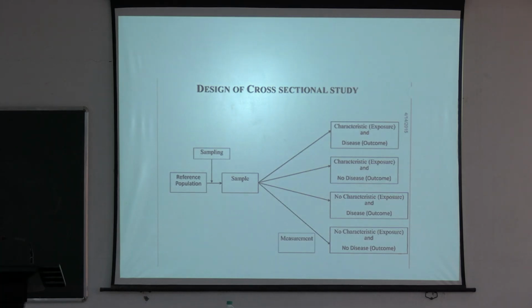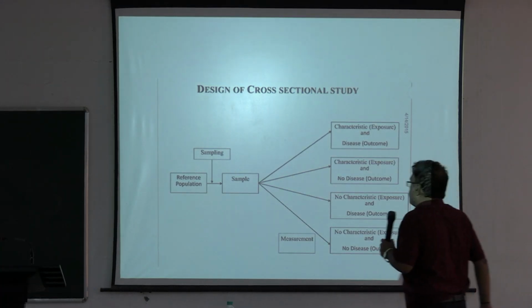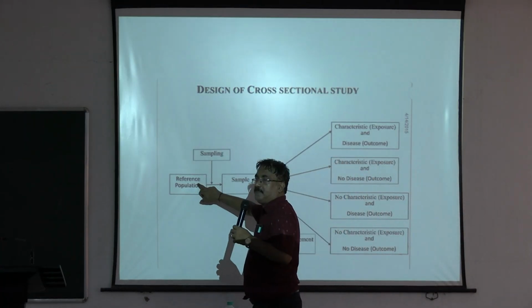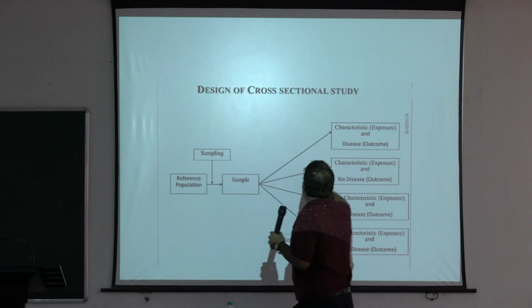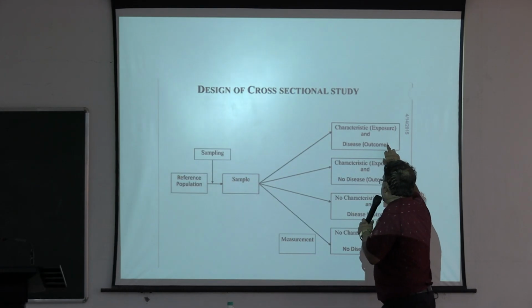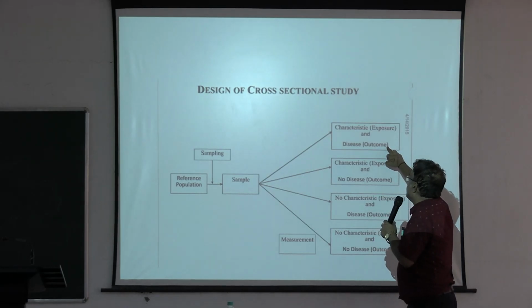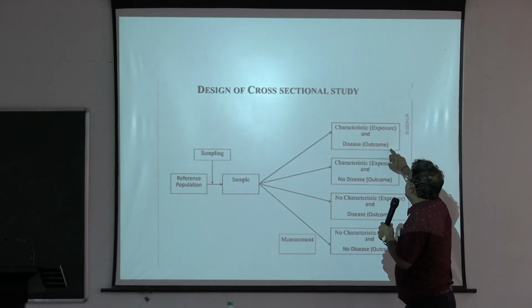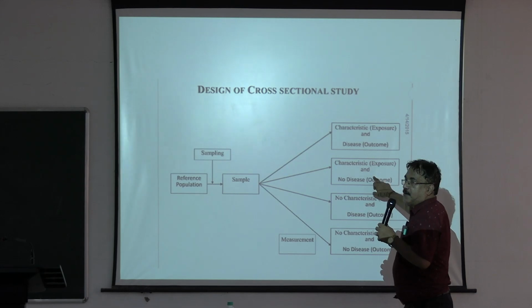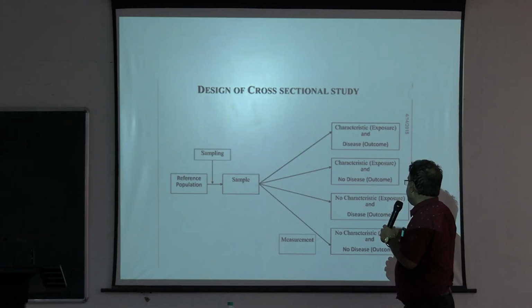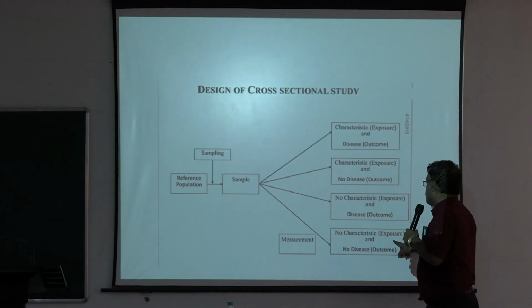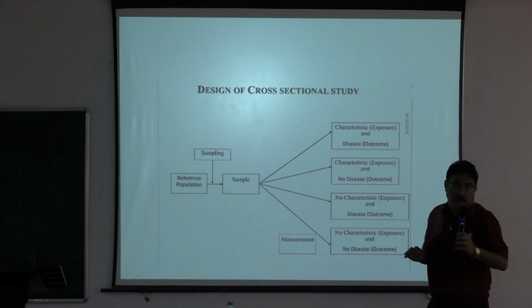Let's get back to the basics. You have a reference population, you take a sample, and from the sample, your characteristics of exposure and disease. And here, this is the outcome. Another outcome could be exposure and no disease. Third one is no exposure, but still the disease comes. And here no exposure and no disease. So 4 possibilities are there.